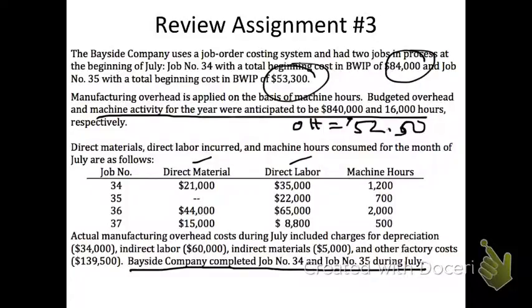Cost of goods manufactured is going to be the cost of all jobs that I've actually completed. And so cost of goods manufactured is job number 34 and 35. So to answer this question, I just need to add the cost of jobs 34 and 35, including the cost in beginning work in process, and applying the overhead.